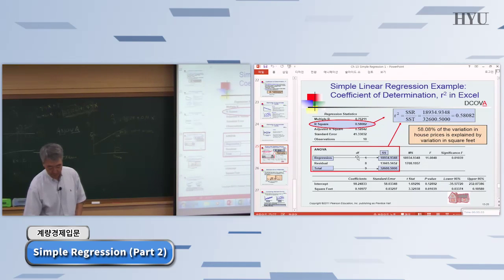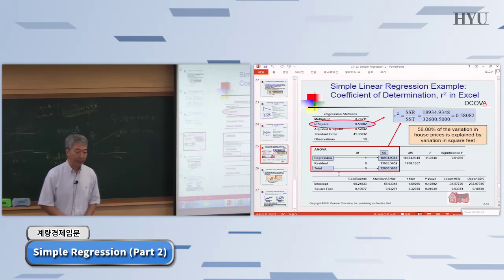Degrees of freedom for regression is 1, residual 8, total degrees of freedom is 9. And in this example, we had 10 observations, so n is 10. So the total degrees of freedom was n minus 1. Degrees of freedom for regression is 1, and degrees of freedom for residual. Residual is the same thing as error.